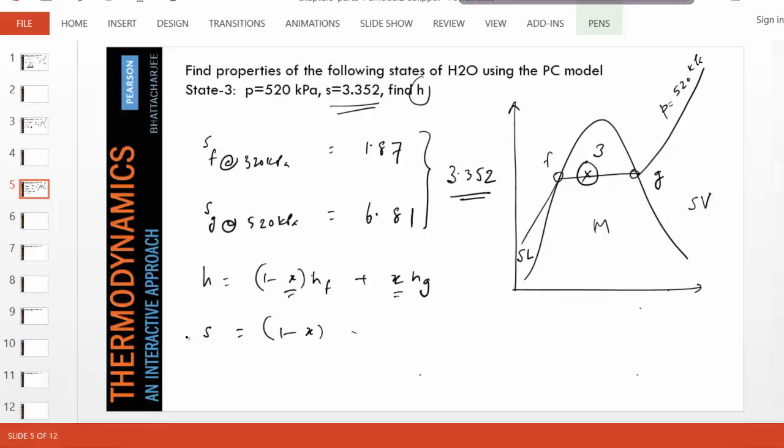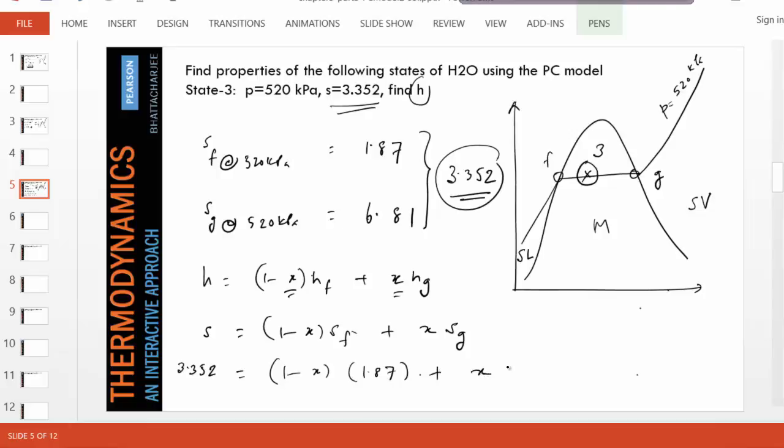This is a weighted average, I'm sorry. S equals 1 minus x times SF plus x times Sg, or 3.352, which is our S, equals 1 minus x times 1.87 plus x times, what is Sg? 6.81. One unknown, one equation.